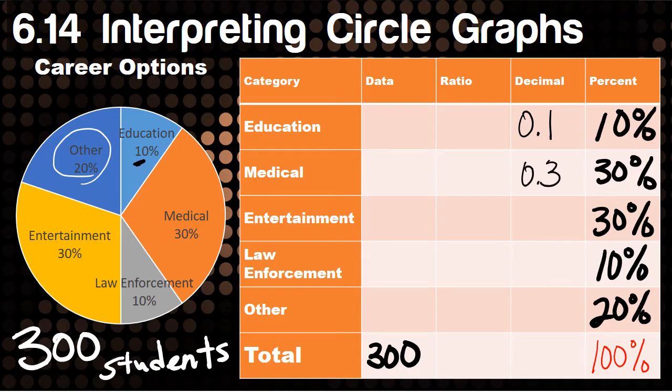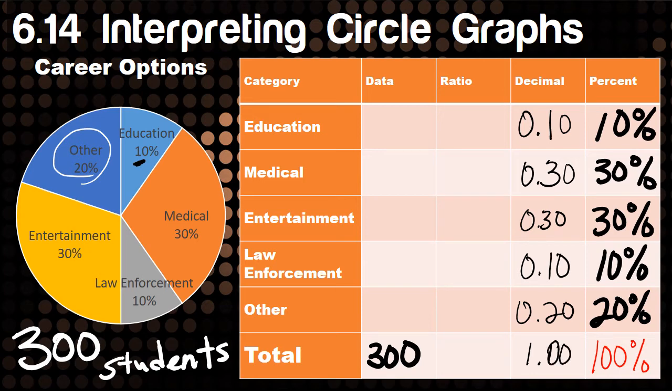If you wanted to, you can add the 0 at the end. That's fine, but realize you don't really need it when writing the decimal. So entertainment is 0.30, law enforcement is 0.10, and other is 0.20. When we add all these together, it should give us a nice whole number of 1.